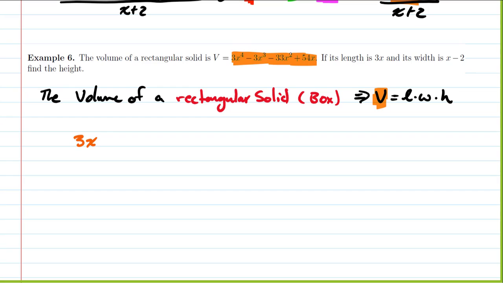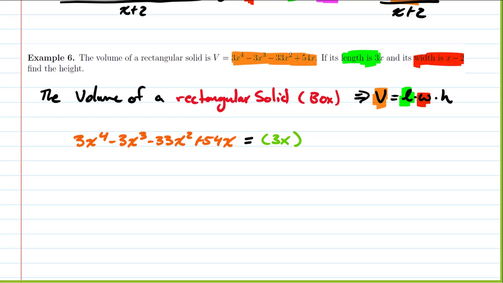So we have 3x to the fourth minus 3x cubed minus 33x squared plus 54x is equal to the length, so that gives us 3x, times its width, which is x minus 2, times its height.